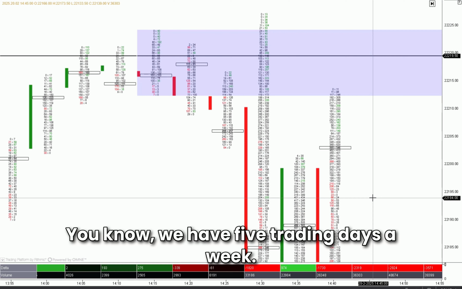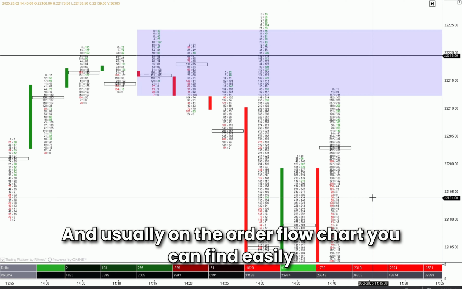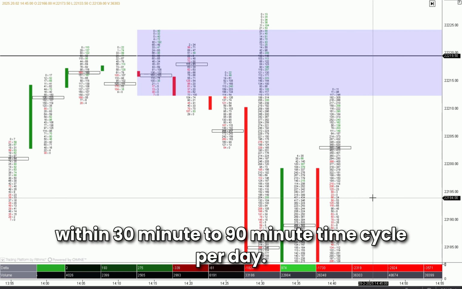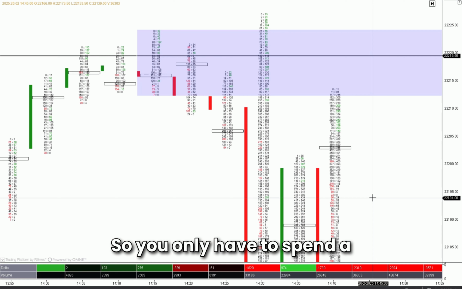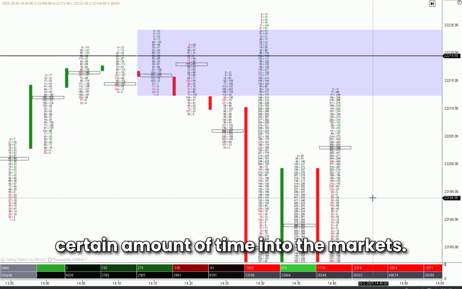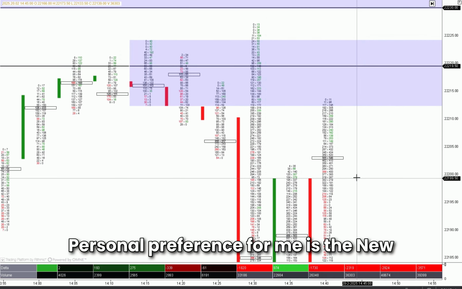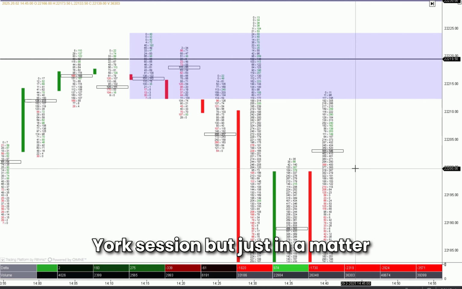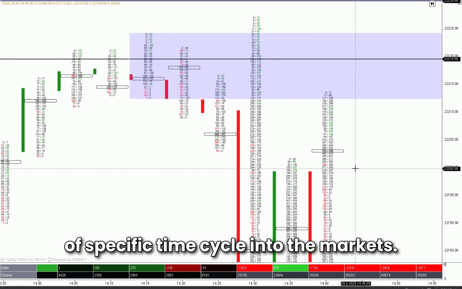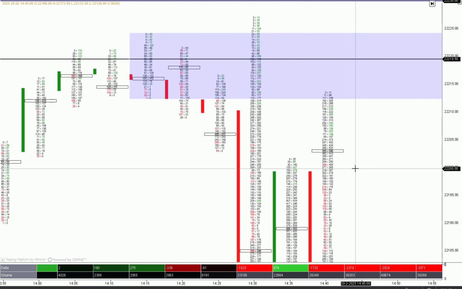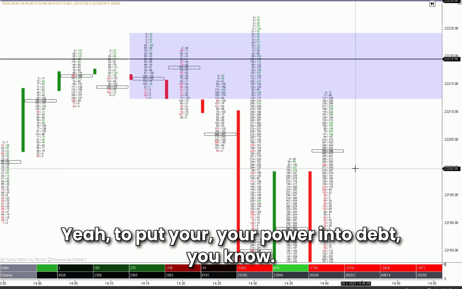We have 5 trading days a week, and usually on the order flow chart you can easily find a 30-minute to 90-minute time cycle per day. So you only have to spend a certain amount of time in the markets. My personal preference is the New York session, but it's just a matter of a specific time cycle, to put your power into that.